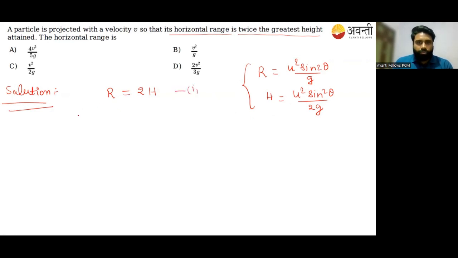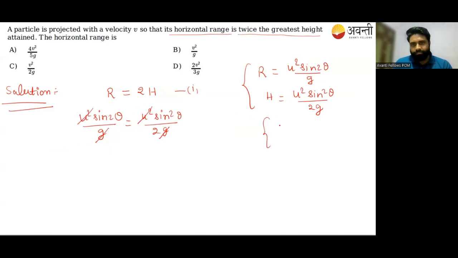So it is u square sine 2 theta by g equals u square sine square theta by 2g. This g and g would cancel out, and u square and u square cancel out. You are left with sine 2 theta. Sine 2 theta is nothing but 2 sine theta into cos theta, the trigonometric formula.